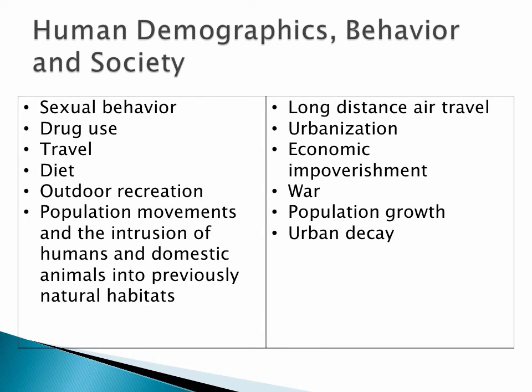So, human demographics, behavior, and society. Some of the factors that are included within this category include sexual behavior, drug abuse, travel, diet, urbanization, war, and so forth. Poor populations are a major reservoir and source of continued transmission.